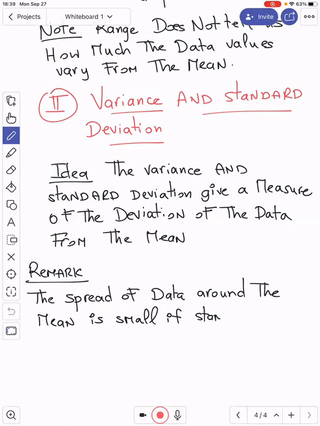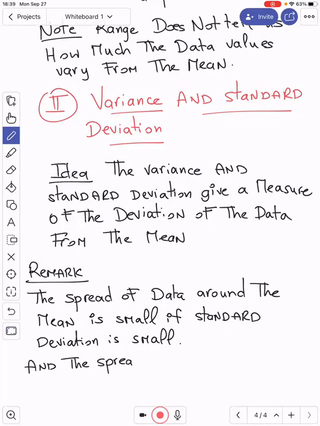And the spread of the data around the mean is going to be large if the standard deviation is large, of course.